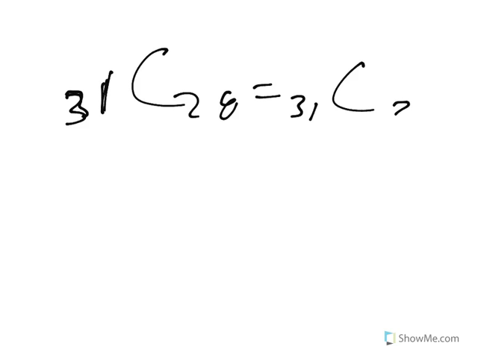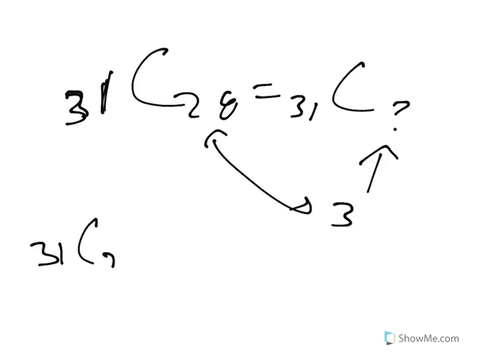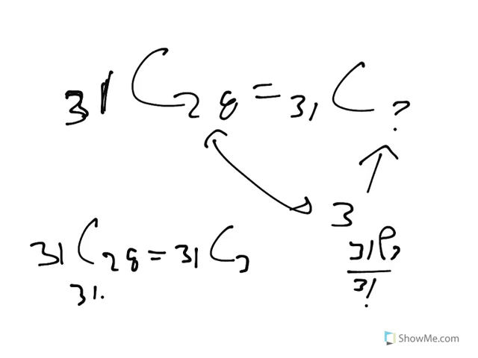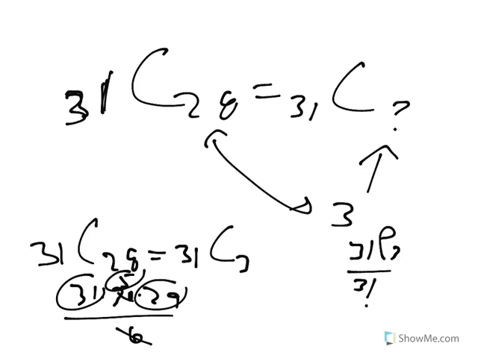So I could ask on a test, 31C28 is equal to 31C question mark, and that would have to be 3, because 3 plus 28 is 31. If I were calculating 31C28, I'd probably first turn it into 31C3, and then just use 31P3 over 3 factorial, 31 times 30 times 29 over 6, cancel, and I'd be left with just 3 fairly small numbers to multiply together.